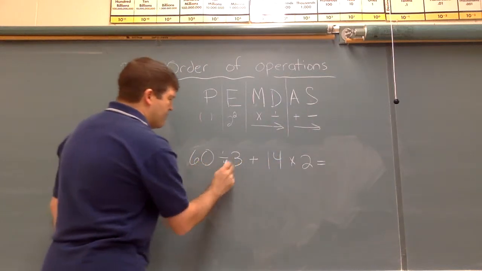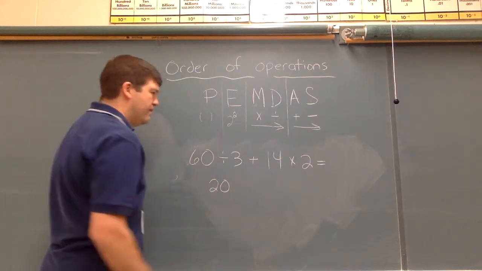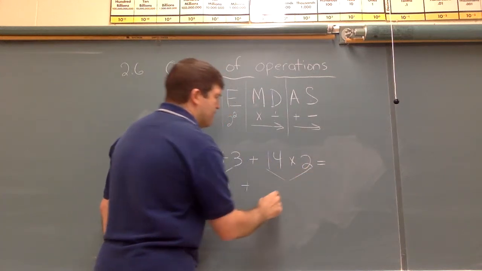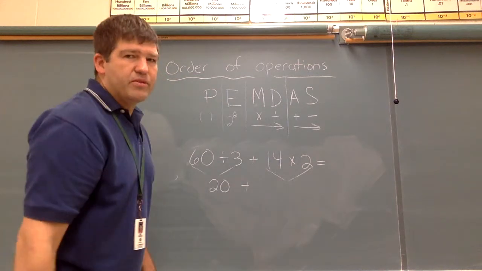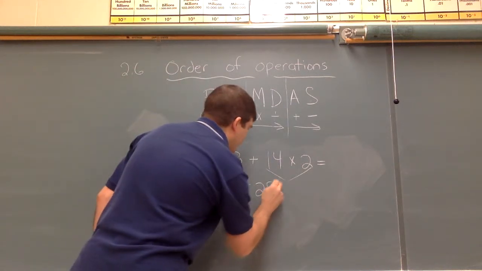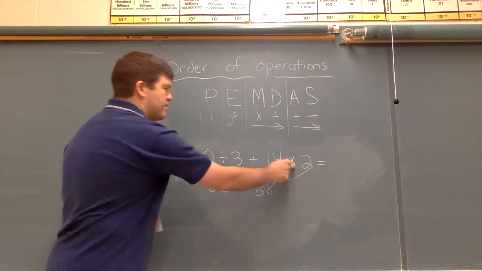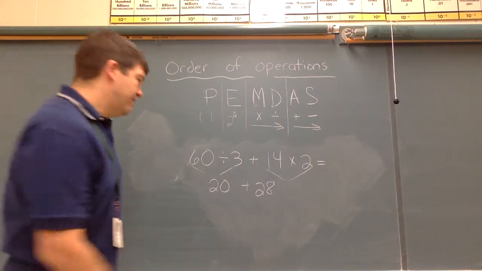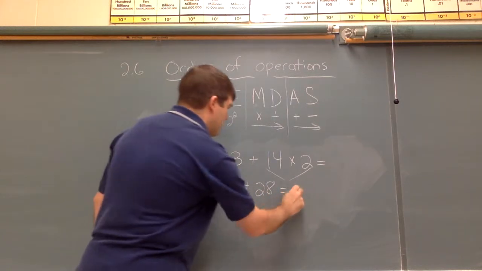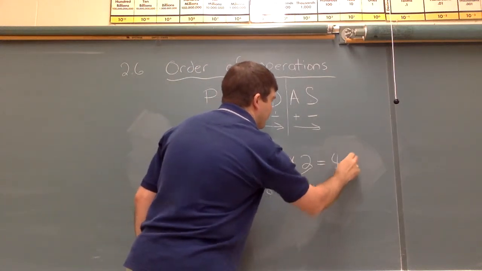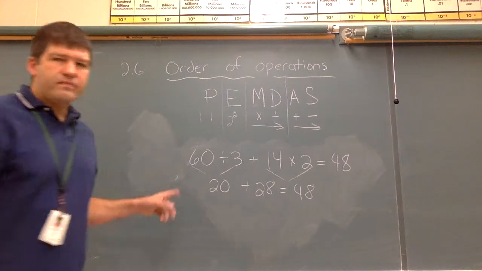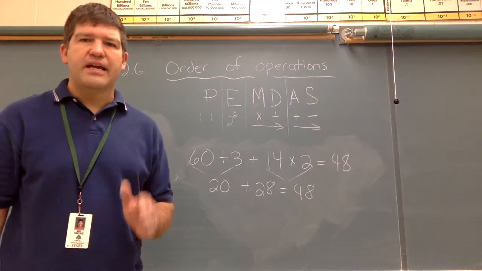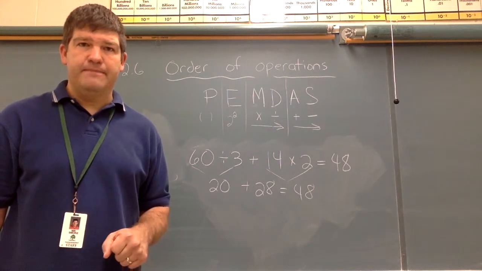So, 60 divided by 3 is 20, plus, I gotta do this, 14 times 2 is 28. Okay, so I've done all my multiplication and my division, and now I'm going to do the last step, which is the addition. 20 plus 28 gives me 48. So, 60 divided by 3 plus 14 times 2 equals 48.